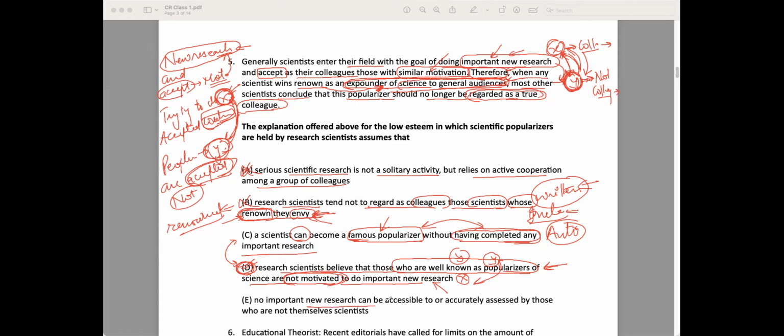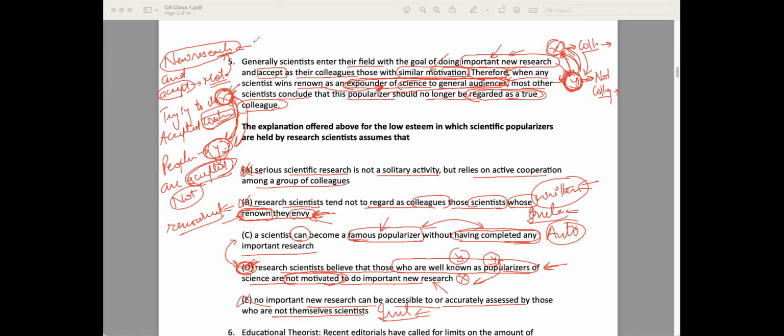"No important new research can be accessible or accurately assessed by those who are not themselves..." This is totally irrelevant. We're talking about non-scientists, totally out of context. D is the correct option because of, again, similar reasoning. We have seen this reasoning earlier as well. People in category X are regarded as true colleagues. Therefore, people in category Y are not regarded as colleagues.